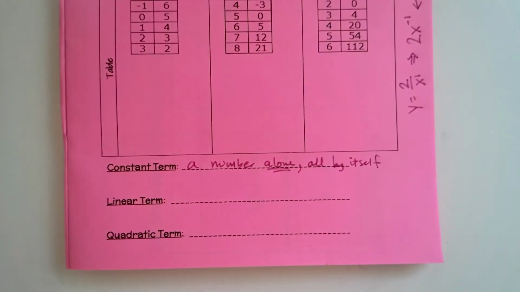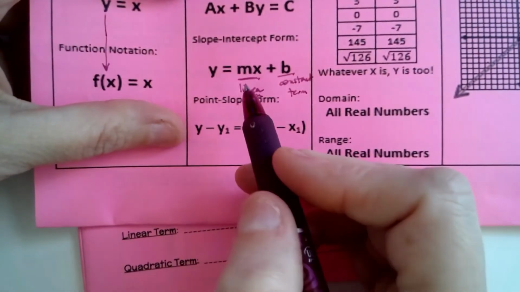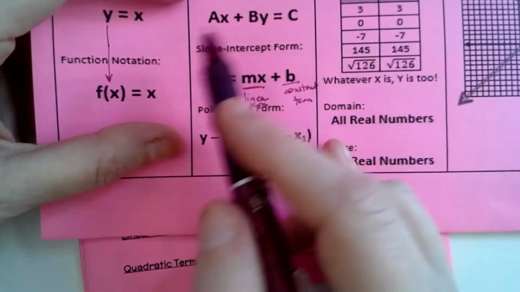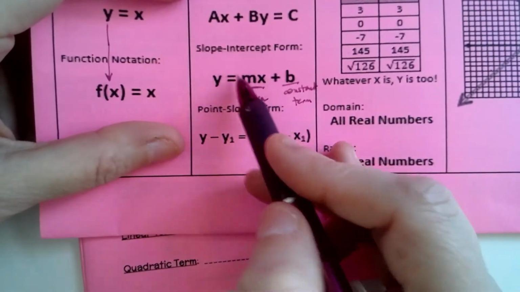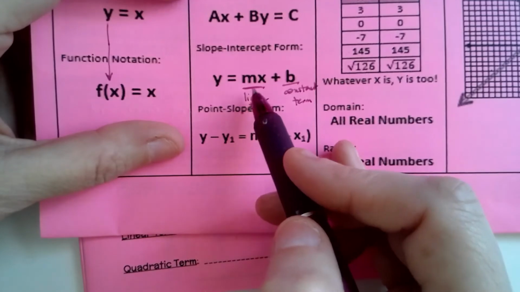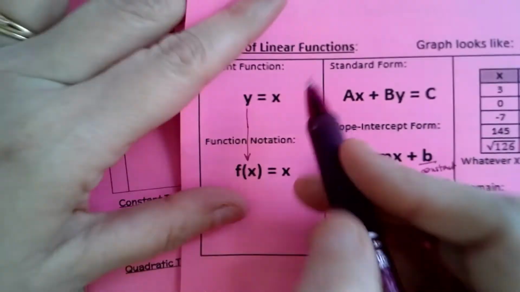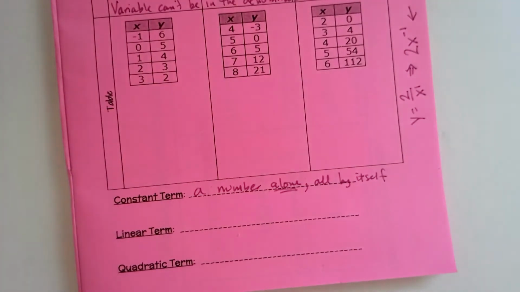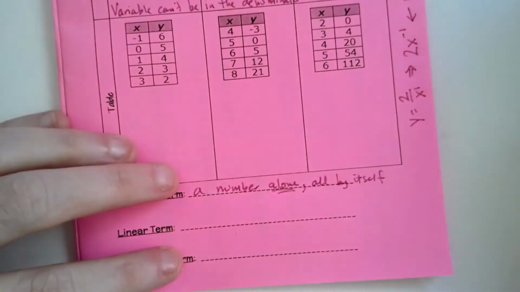Now a linear term: if there is a linear term, then it's a linear function. If the highest you see is a linear term, it's a linear function. So mx, this is a linear term right here. So a linear term is a term with a variable raised to the first power.